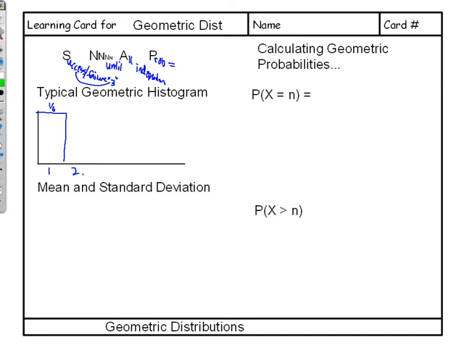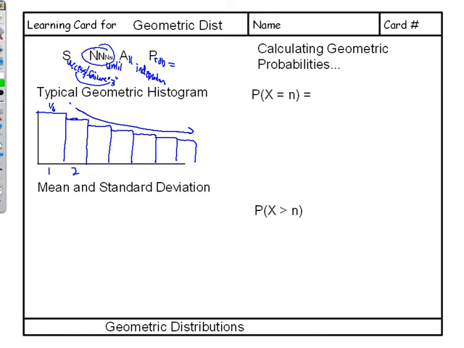If it happened on the second time, I'd have to have failure on the first one and then success on this one, so the probability of the second one occurring is a little bit lower, and on the third time it's a little bit lower still. It stair steps down at a decreasing rate, getting close to 0 but never quite touching it. That's the typical histogram.